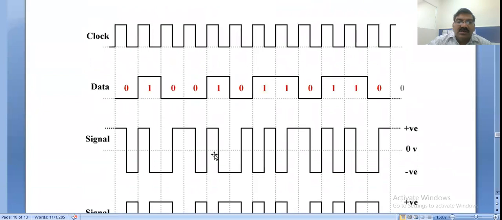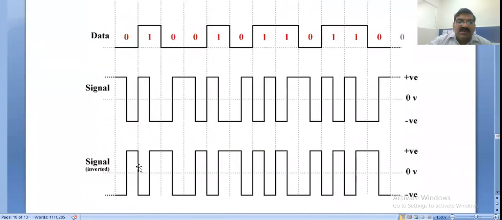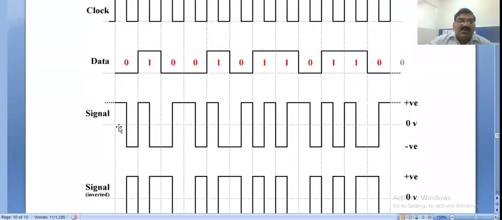This is the data, this is the signal, and this is the inverted one. For a 1 there is a change, and for 0 0 it remains constant, and again it goes back.